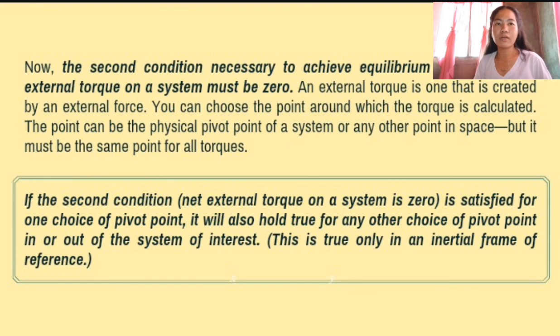So, the point around which the torque is calculated can be the physical pivot point of a system or any other point in space, but it must be the same point for all torques. If the second condition, that the net external torque on a system is zero, is satisfied for one choice of pivot point, it will also hold true for any other choice of pivot point in or out of the system of interest.